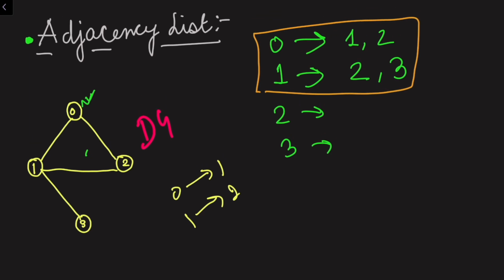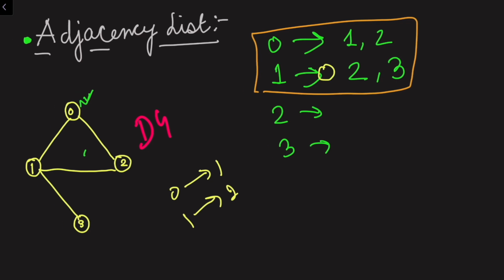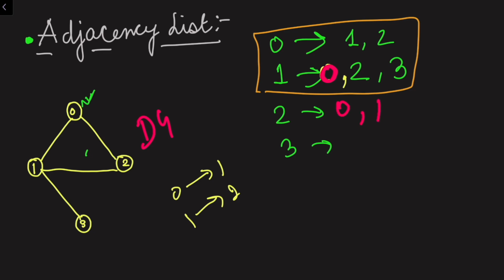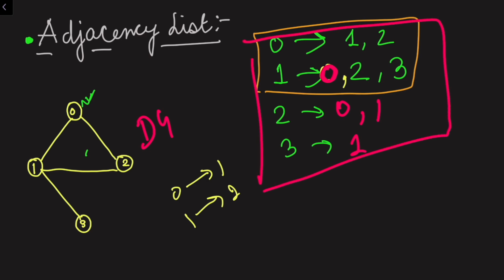From 0 we can go to 1 and 2, which is fine. From 1 we can go to 2, 3 and 0 as well. From 2 we can go to 0 and 1. From 3 we can go to 1. So it's a bidirectional thing, and we are going to represent the same thing, but in both directions. This is what is called an adjacency list.